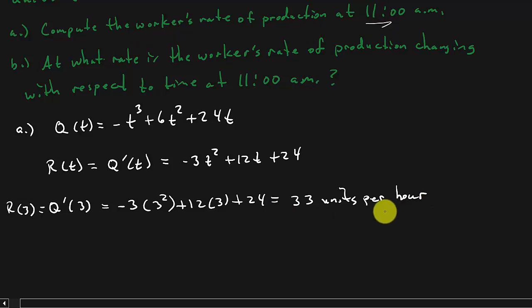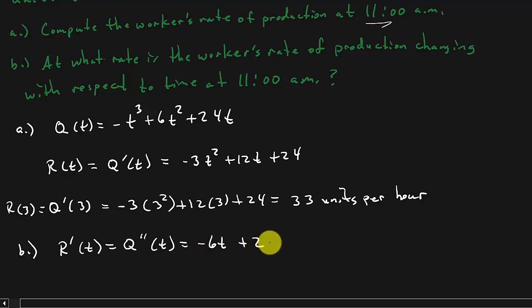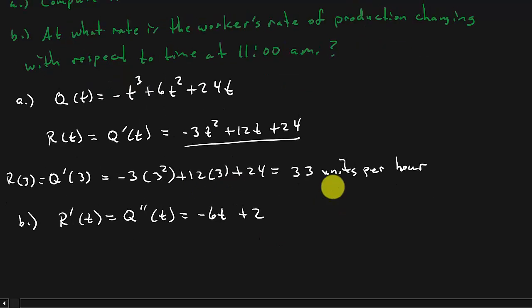33 units per hour. And then for part B, well, that's the derivative of r of t, which is actually just the second derivative of q of t. So this is going to be negative 6t plus 12, right? We're taking the derivative of this thing. And so we've got r prime of 3, which is q double prime of 3.